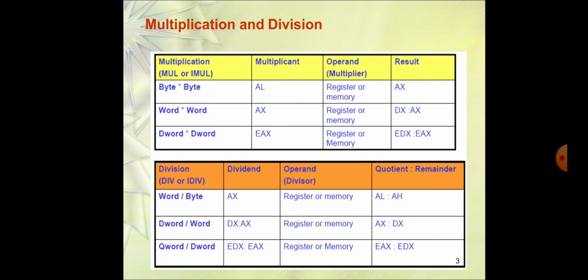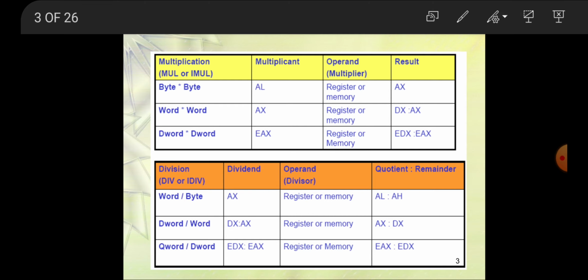Now there is multiplication and division. In multiplication, suppose we multiply byte into byte, the multiplicand is AL, and the multiplier is a register or memory, and the result is stored into AX, that is your accumulator.